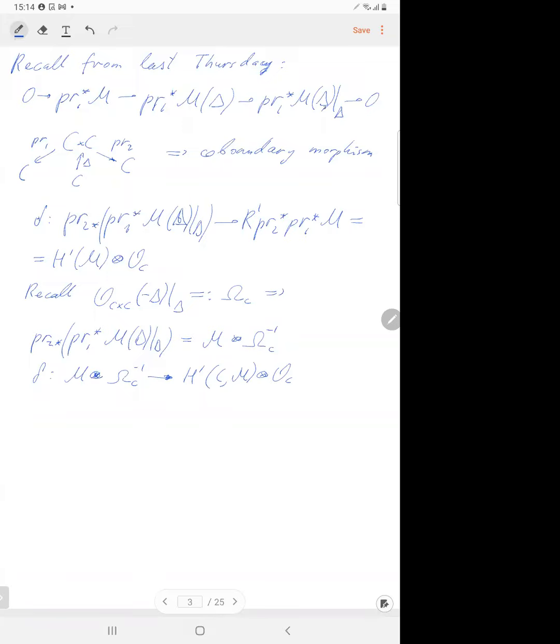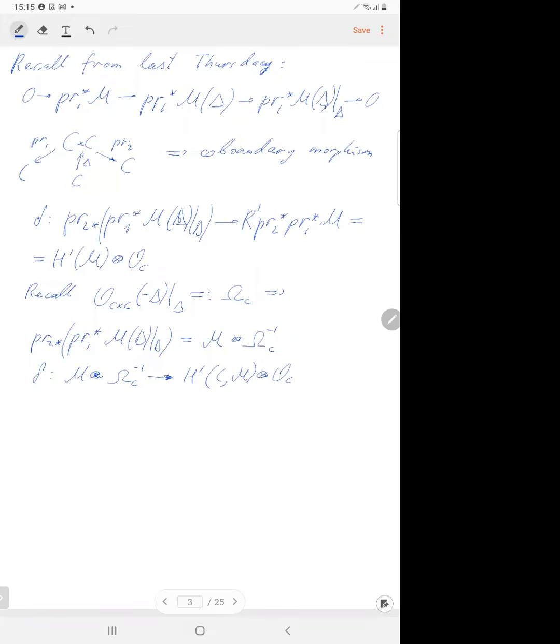Fine. So this is what I need, and now I know the first cohomology. This was the recollection from last Thursday about an arbitrary torsion-free sheaf M. But we are applying it to one specific sheaf M that had the maximal degree with non-zero first cohomology.